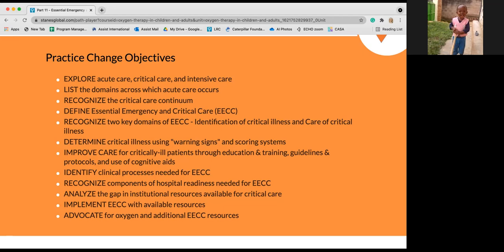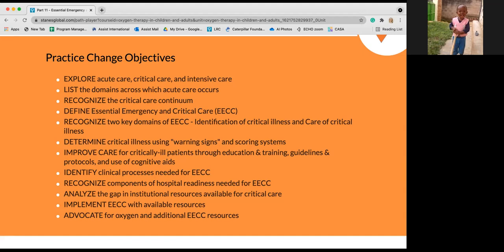We improve care for critically ill patients through education and training, guidelines, protocols, and the use of cognitive aids. We identify clinical processes needed for EECC. We recognize components of processes needed for EECC.